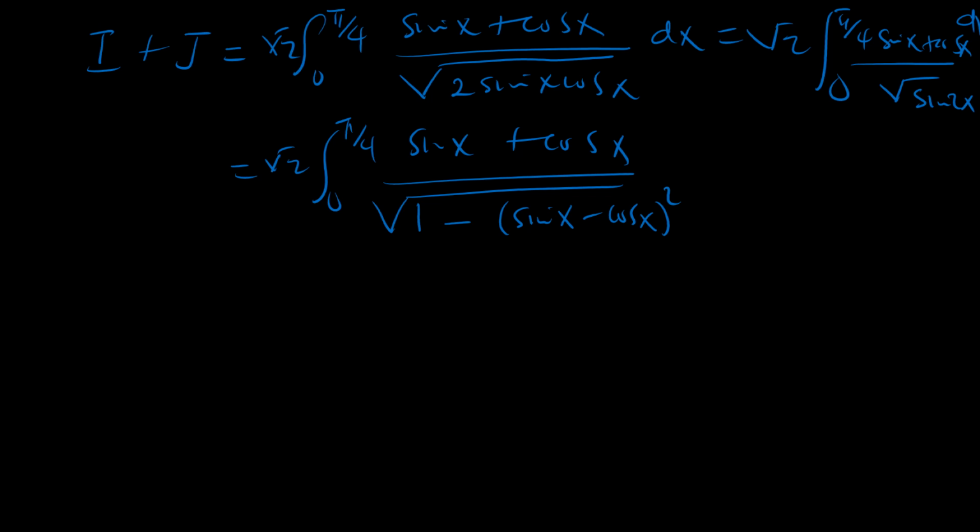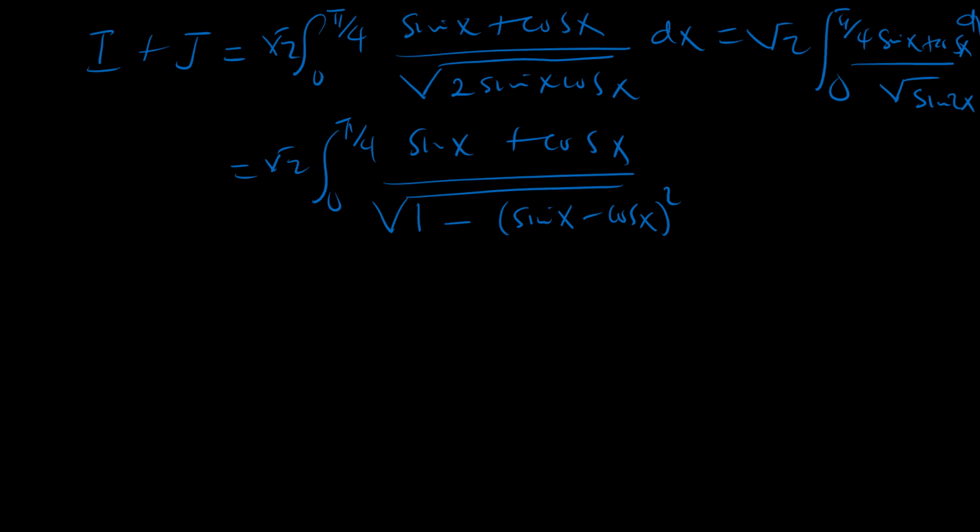So essentially what happens when you square that is sine squared x plus cosine squared x is 1, and then we have negative 2 sine x cosine x, so 1 minus that removes the sine squared x and cosine squared x, and you're left with 2 sine x cosine x, which is the same as sine 2x.